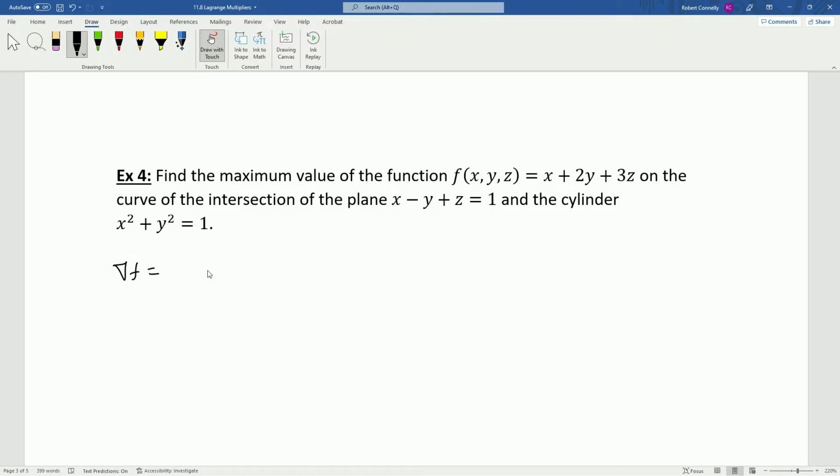So nabla, the gradient of f equals, well, we've got the vector, partial derivative with respect to x, which is 1, and then with respect to y is 2, and with respect to z is 3. And we'll call this plane constraint the constraint for g, and we'll call this constraint the constraint for h.